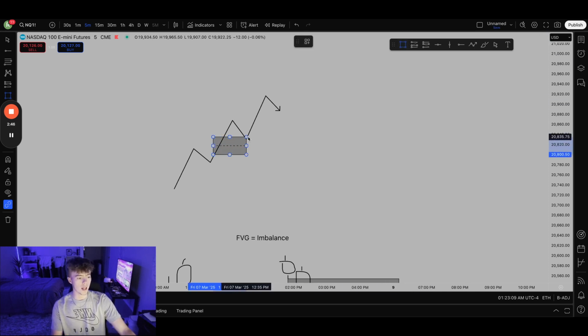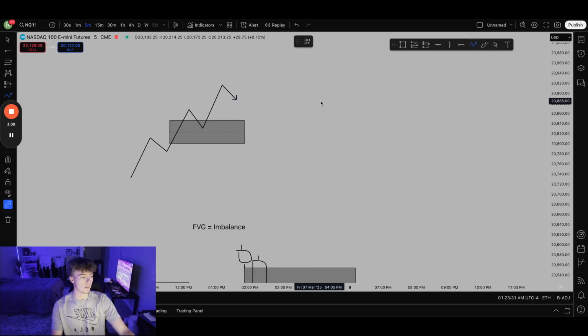We're creating fair value gaps within these movements to the upside. If we are currently in bullish order flow, we're creating fair value gaps within, retesting them, and respecting these fair value gaps. And at the same time, we're also respecting the overall bullish order flow.